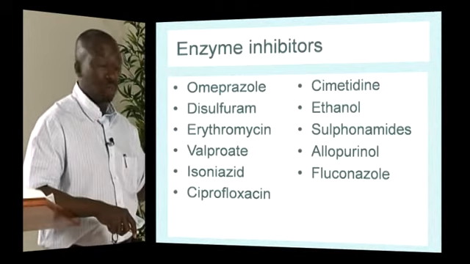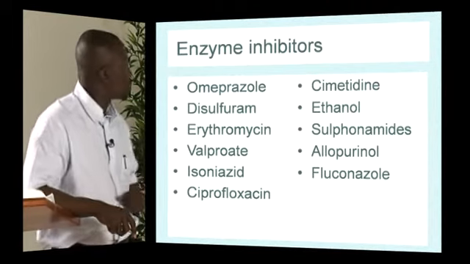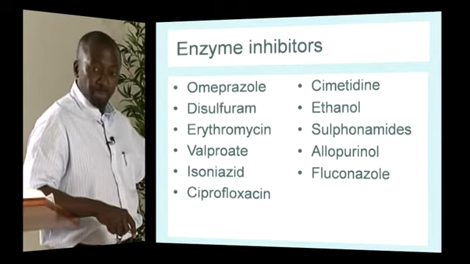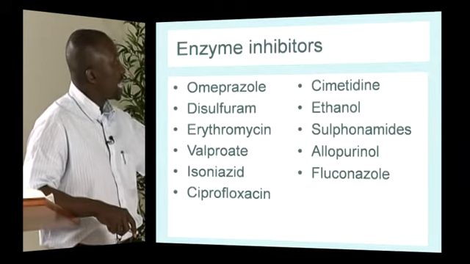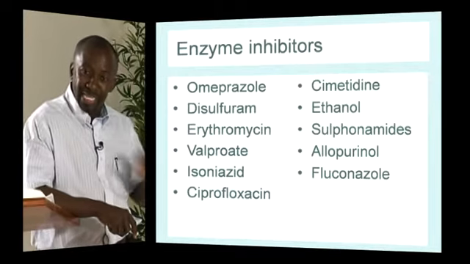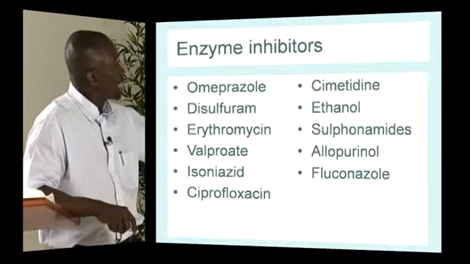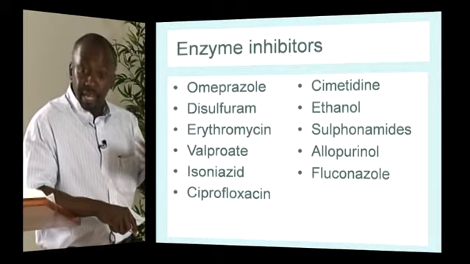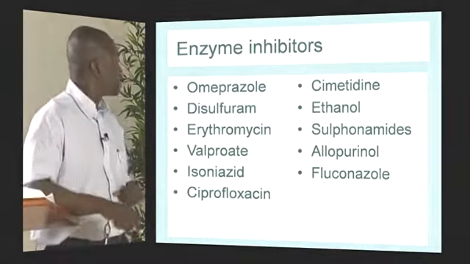O for omeprazole, disulfiram, which is Antabuse, erythromycin, valproate, isoniazid, ciprofloxacin, cimetidine, and ethanol. Ethanol here is acute ethanol, so what medical students do when they get drunk acutely. Sulfonamides, allopurinol, and fluconazole. All these inhibit the clearance of other drugs.